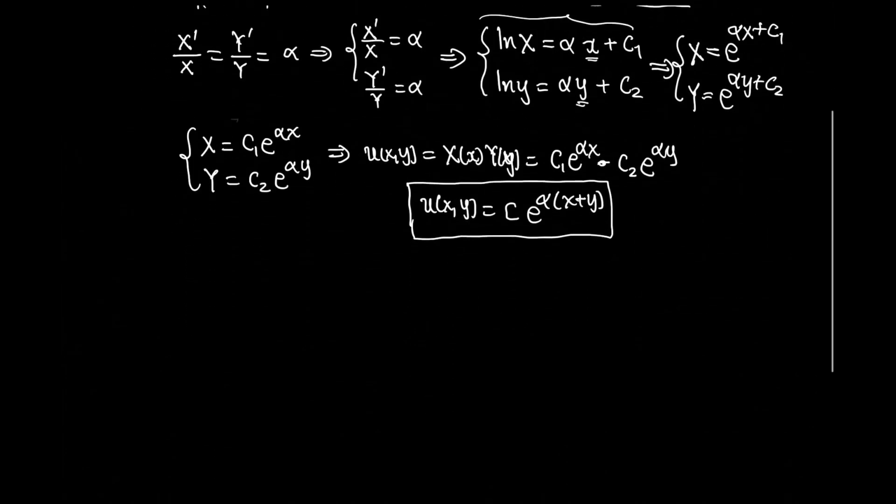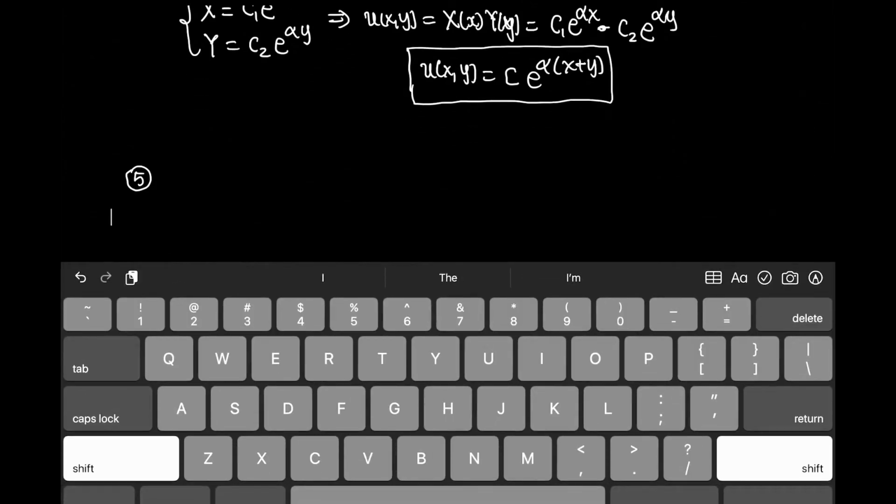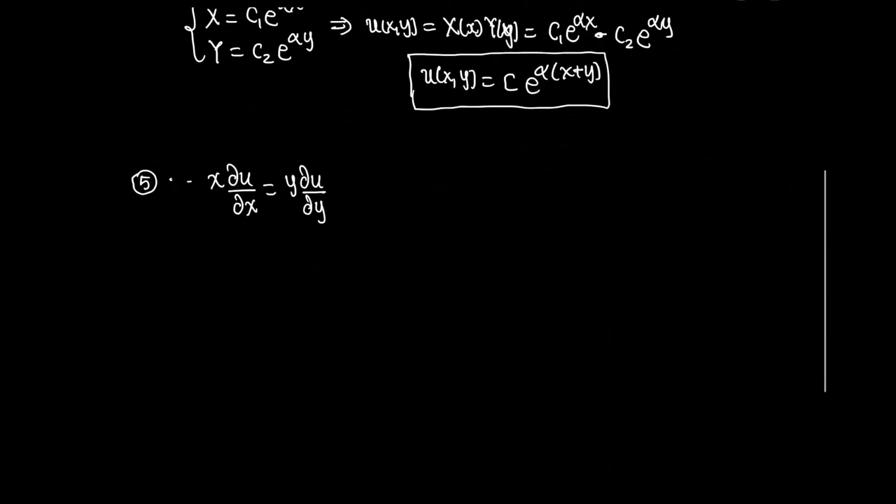So this is your solution using separation of variables. It's very simple. Now another question to solve is number 5. Again we have u, X, and Y. Again, you have just X; Y is a constant, so you don't find the derivative of that.